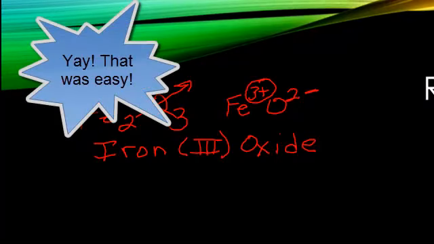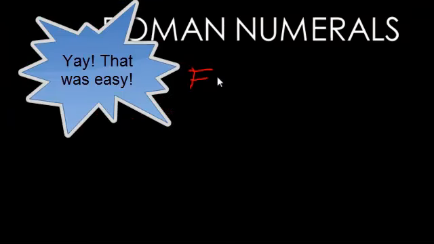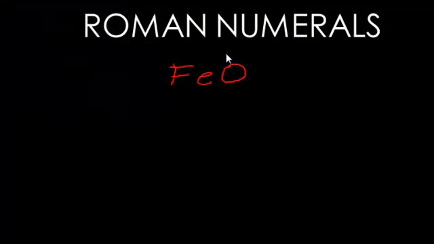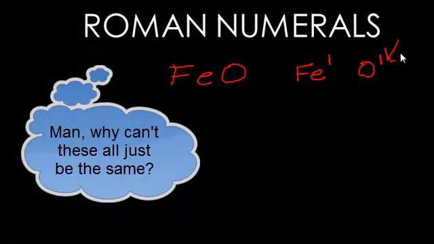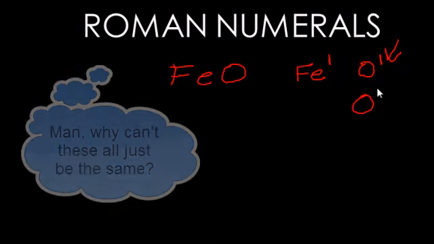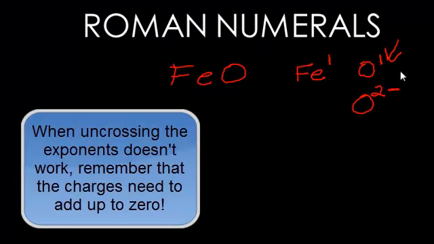Now the other option we have is FeO. For this one, you could try bringing up the numbers, but what you end up with is a 1 for Fe and a 1 for oxygen. And we know that that's not the correct charge for oxygen. We know that the charge for oxygen is -2. So in order for one iron to cancel out a -2, it must mean that that iron has a charge of +2.